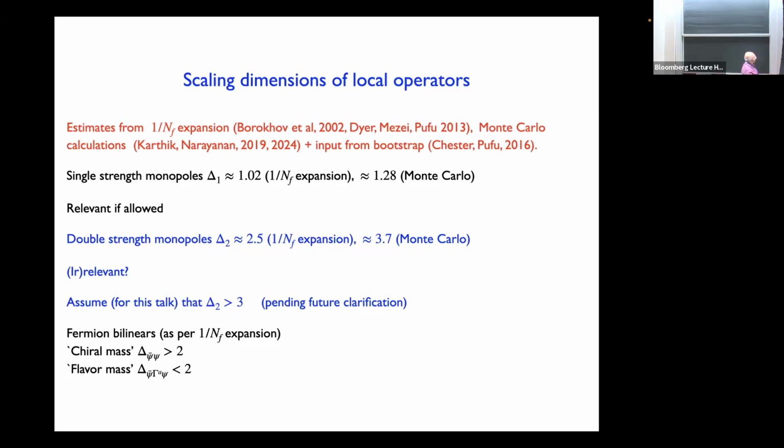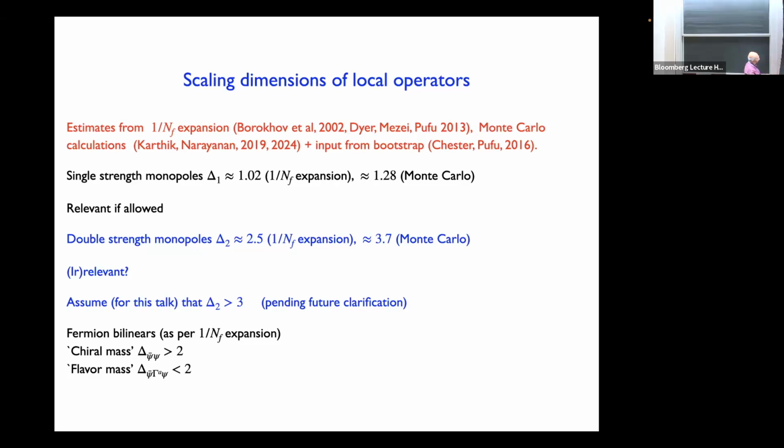There are also Monte Carlo calculations, particularly from Karthik and Narayan in the last few years, and some input from bootstrap, again from Silviu and Shai Chester. So what have we learned? The single strength monopoles have a scaling dimension close to 1, from both the 1/n expansion and from Monte Carlo. So if these are allowed in the theory, these are certainly relevant, and they'll destabilize the CFT.